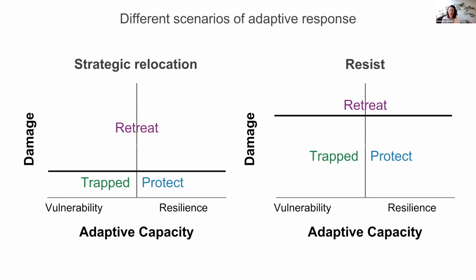Let's say we have a strategic relocation policy where all residents from a community that may be experiencing damage above a certain threshold are provided the resources to retreat. Or a scenario where residents of all levels of adaptive capacity are highly resistant to retreat, and therefore resources are used to keep water out through, let's say, green or gray infrastructure projects, for example.